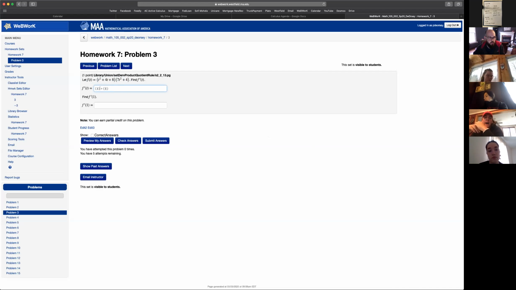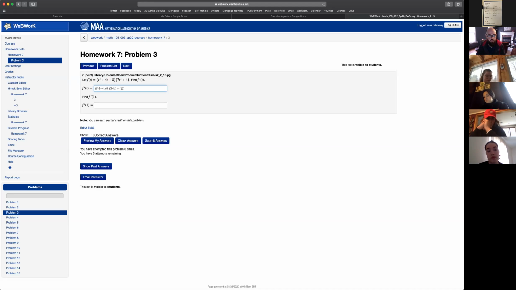What I want to put in these spots is my first function here, which is t squared plus 4t plus 8. So I would put this here. And then in the next spot, I have to take the derivative of my second function, first times the derivative of the second. So this one would be 14t.